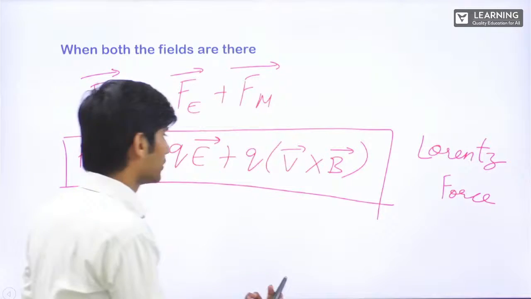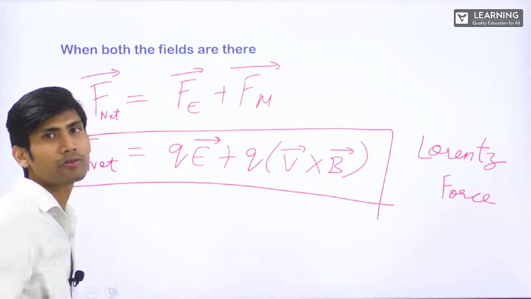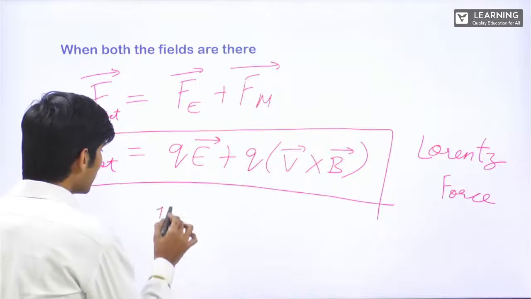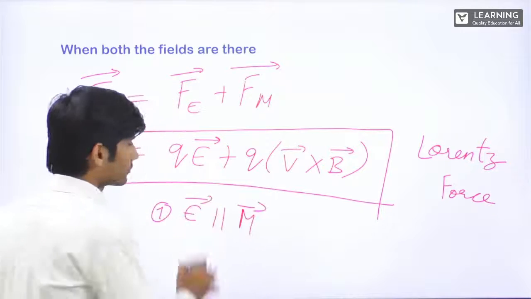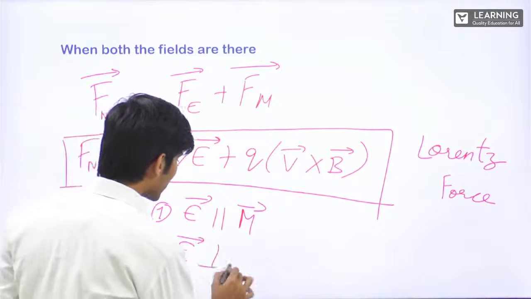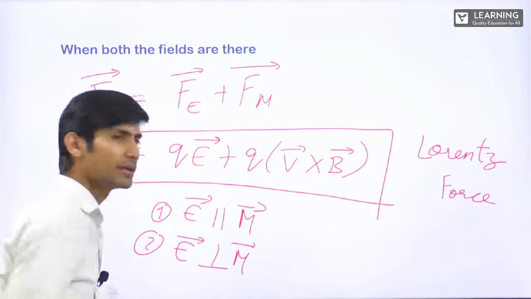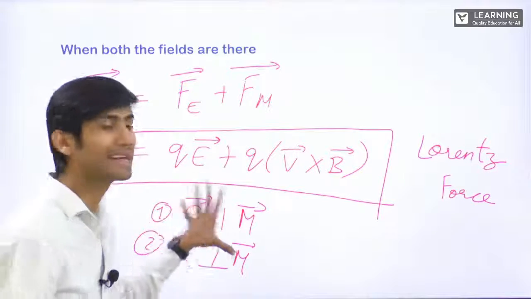There will be two major cases. In those major cases a lot of combinations will be made. One will be electric field is parallel to magnetic field. Second, electric field is perpendicular to magnetic field. Then add some angle also, but that we don't discuss. These are the two main cases.